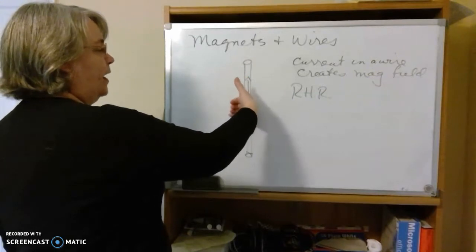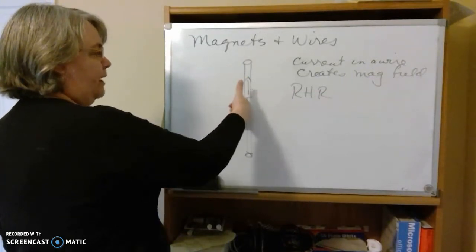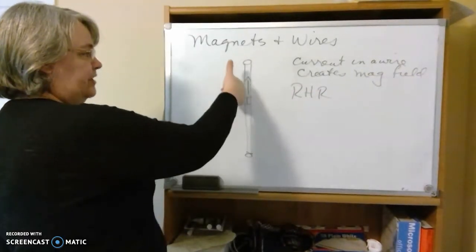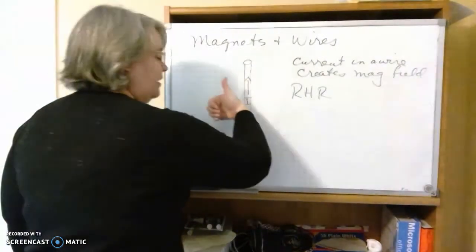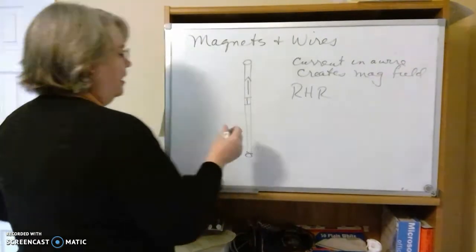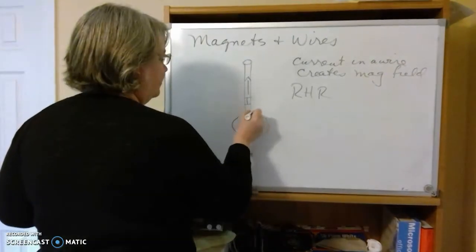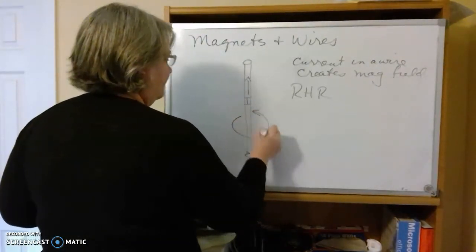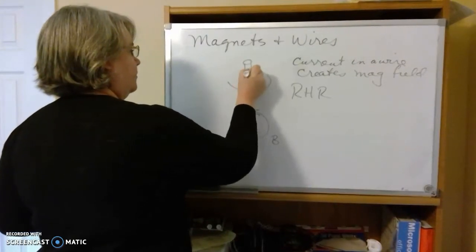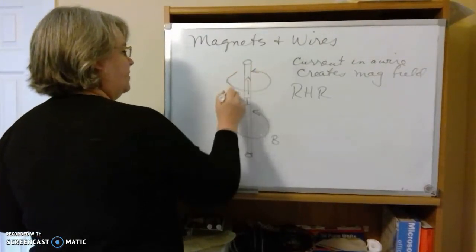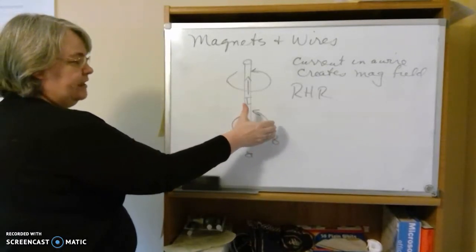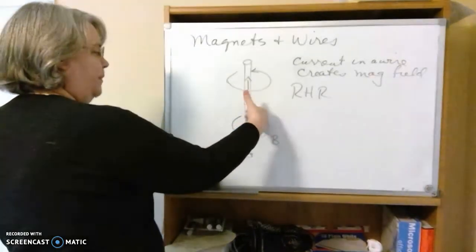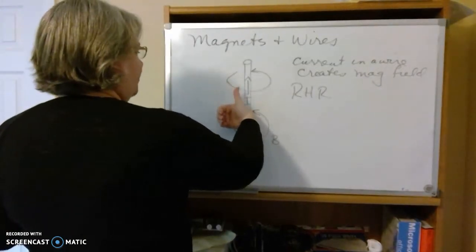If I were to grab this wire with my right hand, my thumb pointed in the direction of the current, my fingers show me the direction of the magnetic field. Grabbing the wire, my fingers go in, around the back, and out the front.